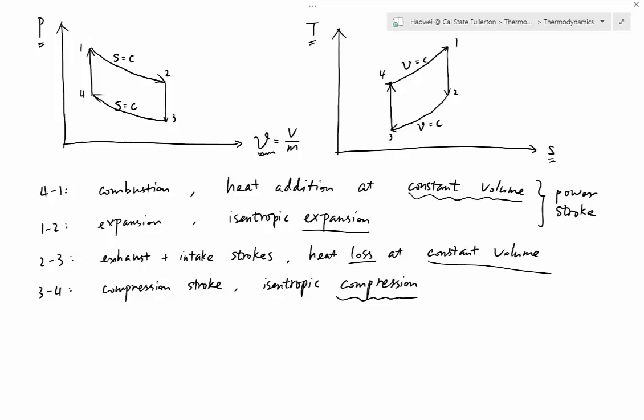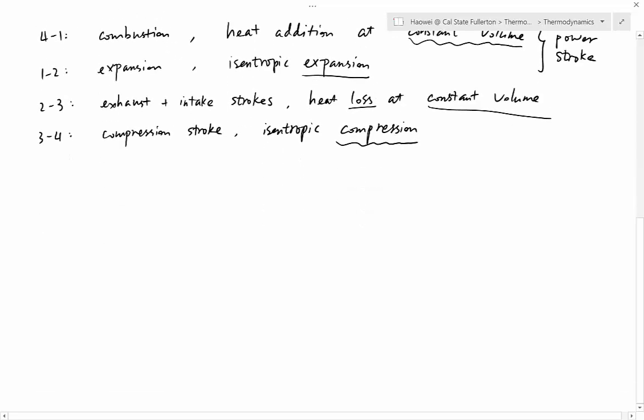Okay, so after the two diagrams, we're going to do the math. We're going to look for heat transfer and work for every single step. Let's start from 4 to 1 again.